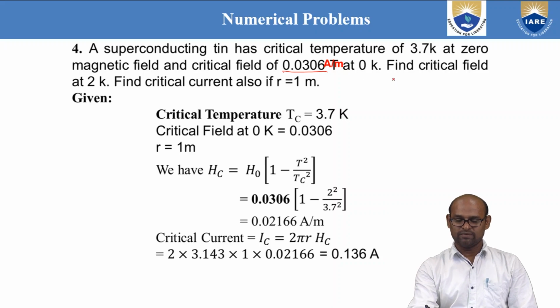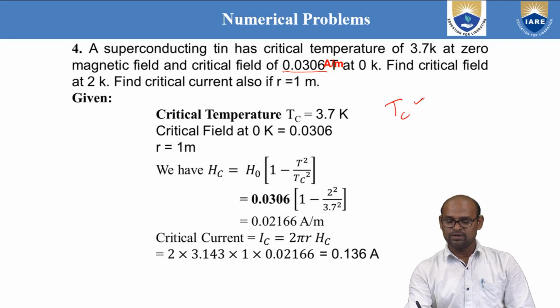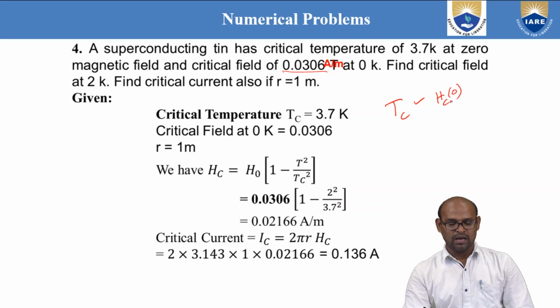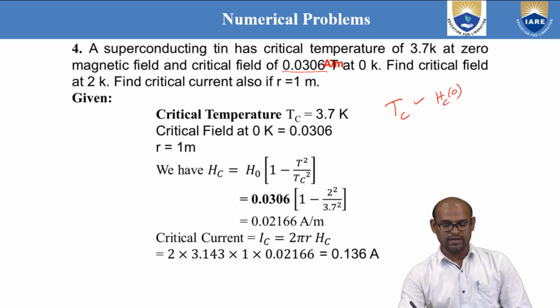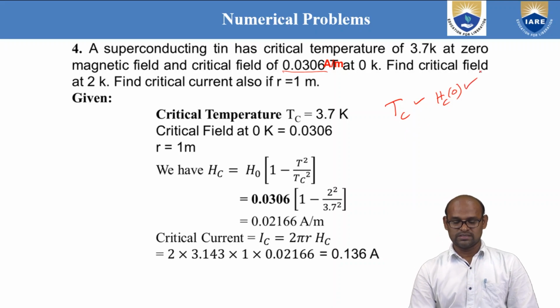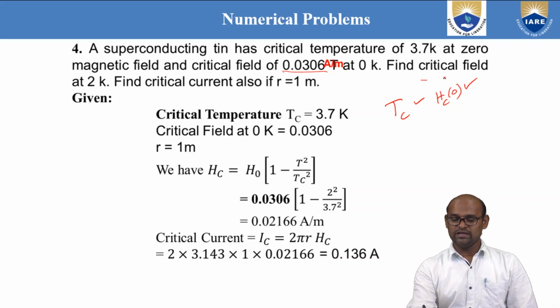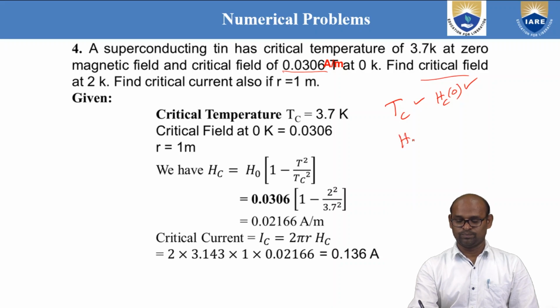So first, they have given the critical temperature Tc of superconducting tin at 0 magnetic field. Hc of 0, that means at 0 Kelvin, what is the critical field? That is also given. Now find the critical field at 2 Kelvin.